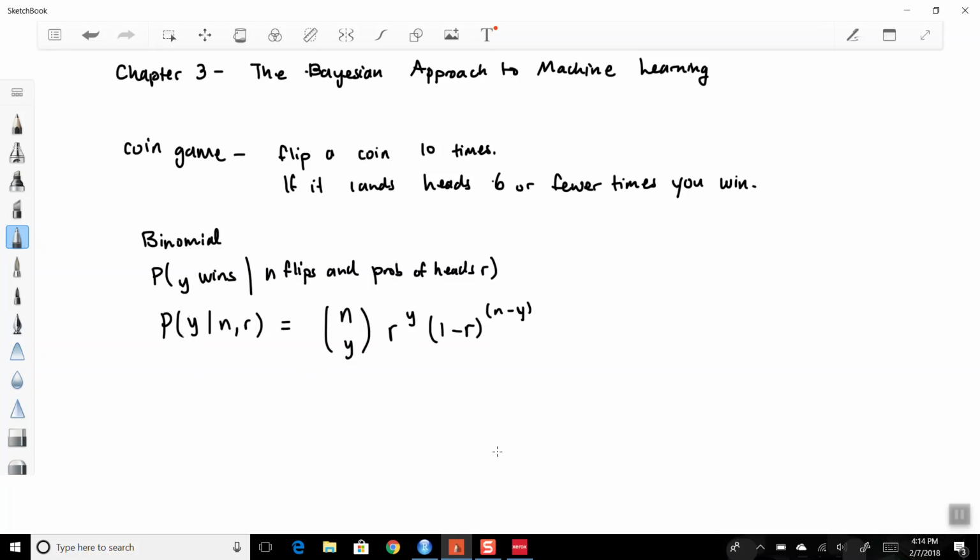Okay, and so, you know, we could say, well, if R is 0.5, if we have a fair coin, then R equals 0.5, and we can ask, what is the probability of winning?